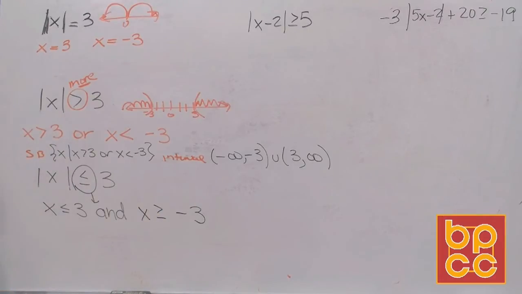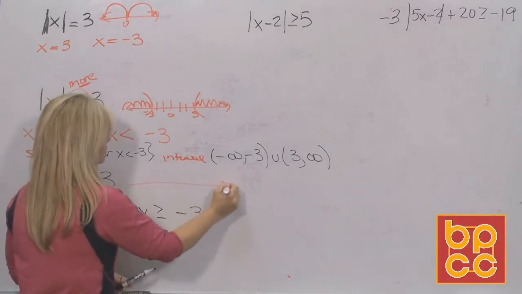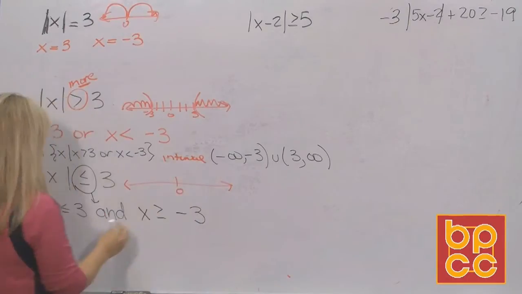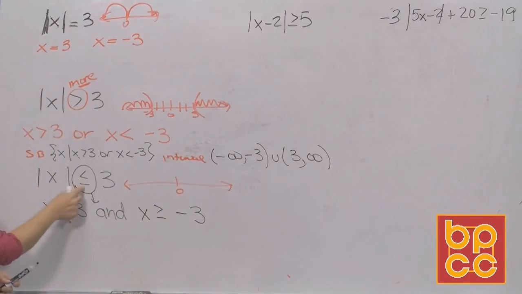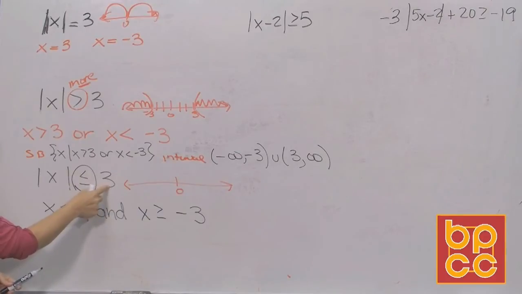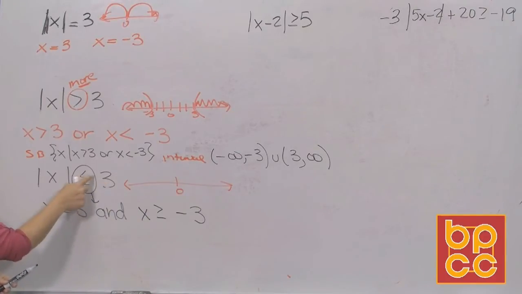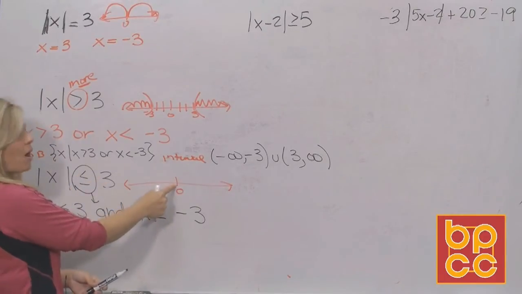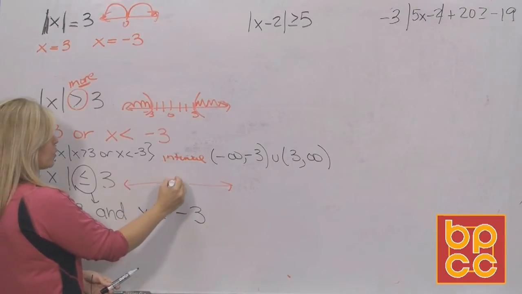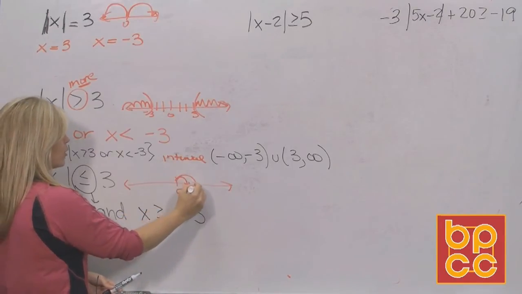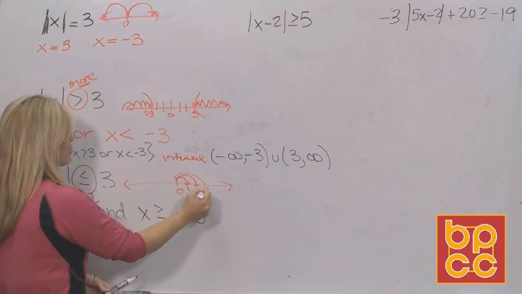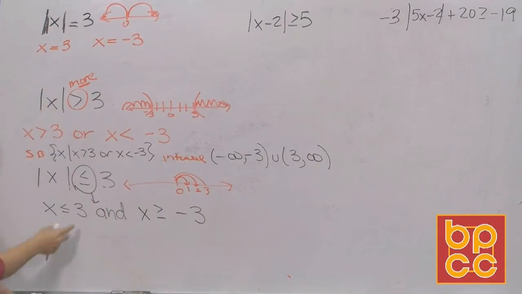Now that makes sense. If you think about the number line, absolute value is a distance from 0. You're saying I'm going from 0 a distance of 3, but I'm going less than 3. So if I'm at 0 and I'm going a distance less than 3, do you agree I can go to 1? I can go to 2. I can go to 3 because it says equals. And that's what this says.